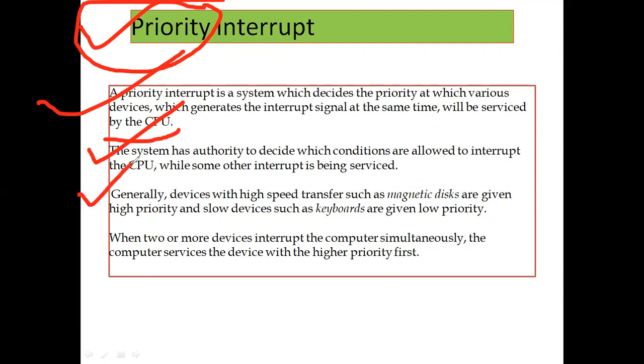Generally, devices with high speed transfer, such as magnetic disks, are given high priority, and devices such as keyboards are given low priority.